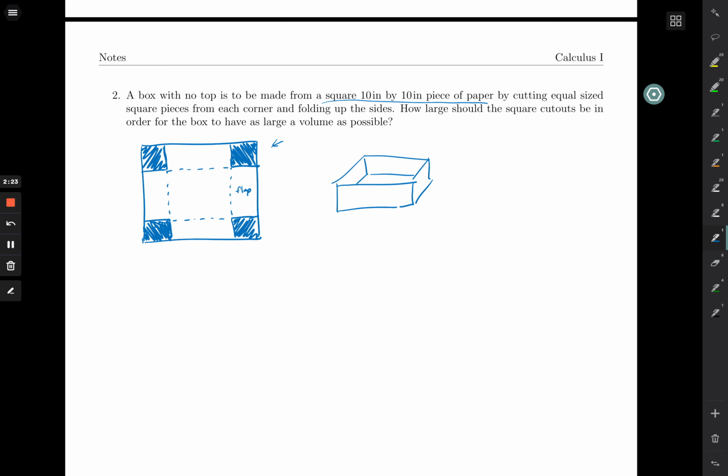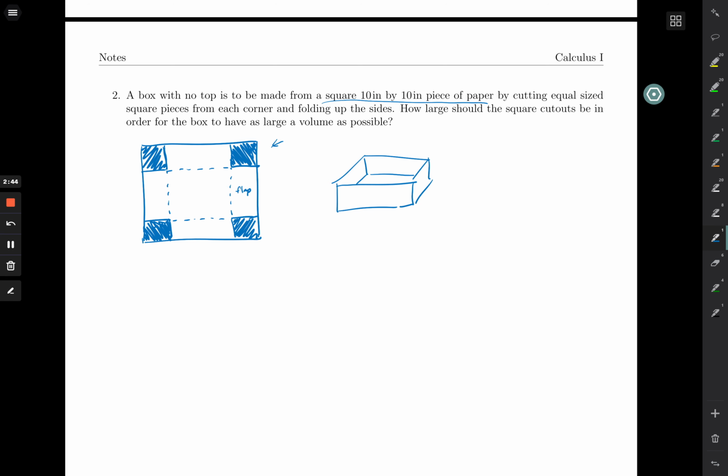And we can figure out how to create the largest volume of such a box using basically the same procedure that we used in the previous problem. So what we want to do is first label everything that we're going to be dealing with.